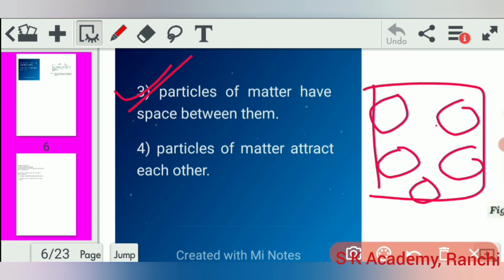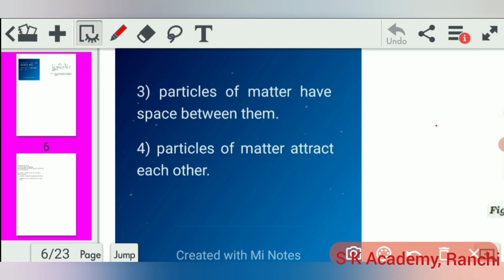So between these particles there is a space, and this space is called intermolecular space or interatomic space, depending on what type of particles these are. If these particles are atoms, then this space is called interatomic space, and if these particles are molecules, then this space is called intermolecular space.